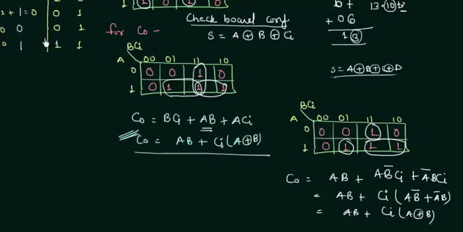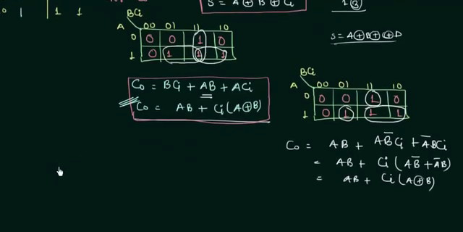So at the end of this presentation we have our sum as A XOR B XOR Ci, and our carry output, and it is very easy to implement this as a circuit. I'm not going to do that part. You can take a 2-input XOR gate, and you will have two such gates, or you can use a 3-input XOR gate directly.